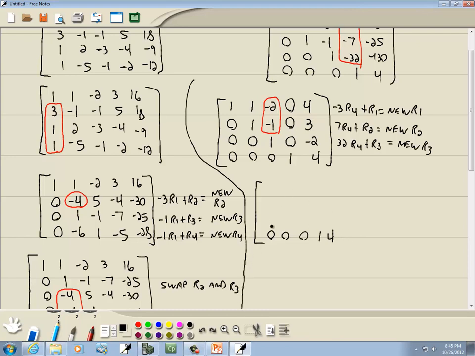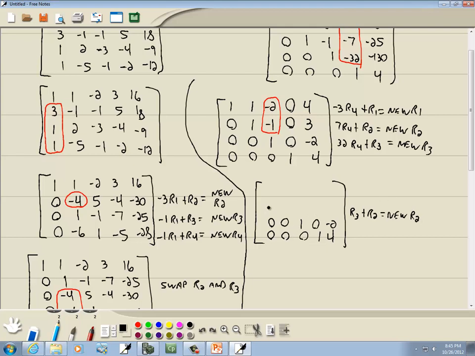Okay. 0, 0, 1, 0, negative 2. Now we're looking at this one here. You ask what do we multiply by that you then add to this to get a 0. Well, just add them together, I guess. So you're going to take row 3 plus row 2 gives you your new row 2.